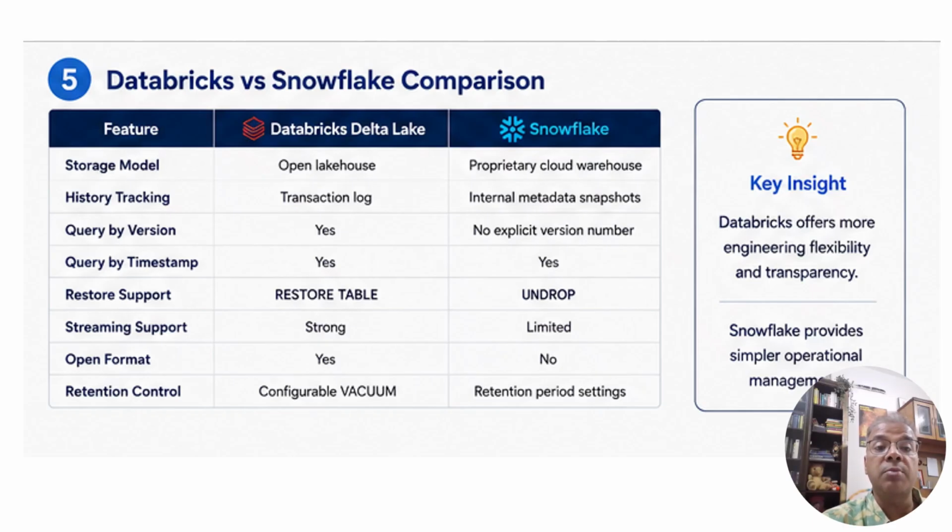Whereas Snowflake provides a highly managed warehouse experience, uses internal snapshot mechanisms, and focuses heavily on simplicity and governance. Another important distinction is openness. Delta Lake works with open formats, whereas Snowflake operates more as a proprietary managed platform. So the choice often depends on the organization's priorities: engineering flexibility versus operational simplicity.